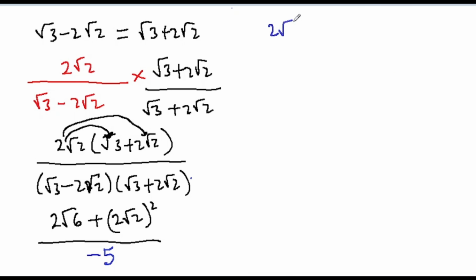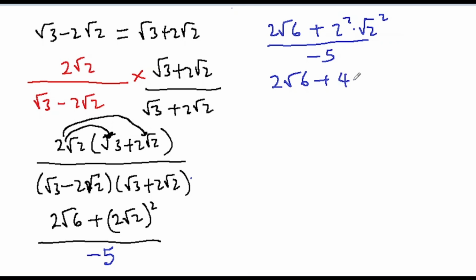So we have 2 root 6 plus 2 squared times root 2 squared, all divided by negative 5. 2 squared is 4, and root 2 squared is 2, since the square cancels the root.